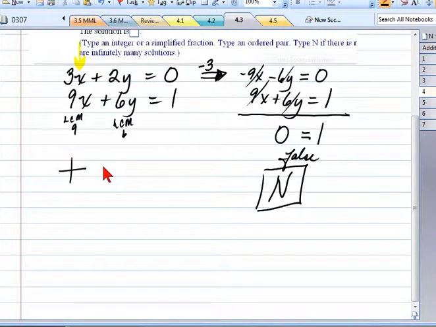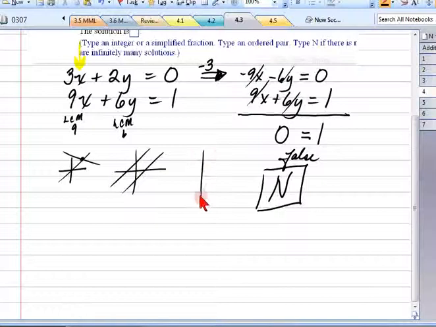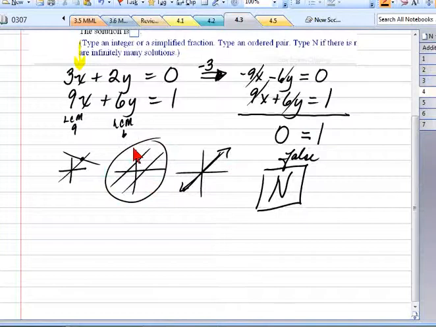Of the scenarios, do I have intersecting lines, parallel lines, or coincidental lines? I have parallel lines because there is no intersection. They share nothing. There's no point that is a solution to both of them.